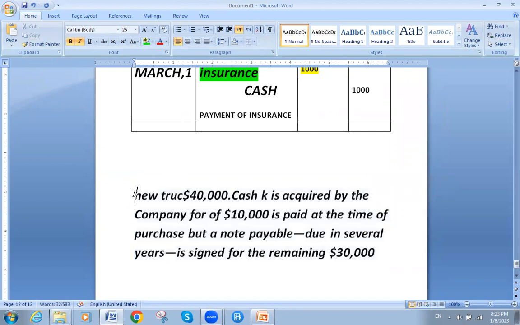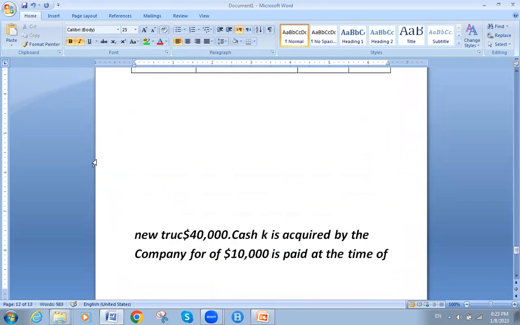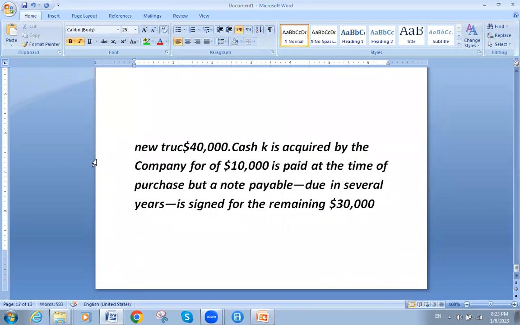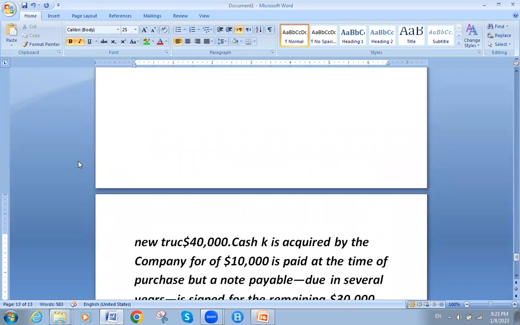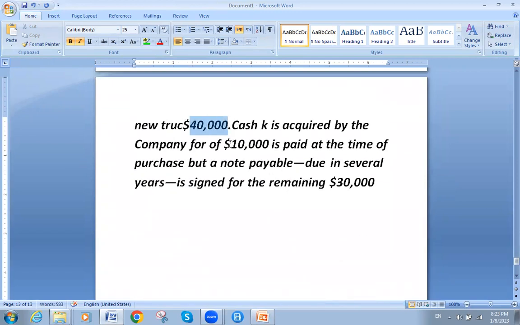Let me take it to a new page for you guys. So a truck of 100,000 is acquired by the company.